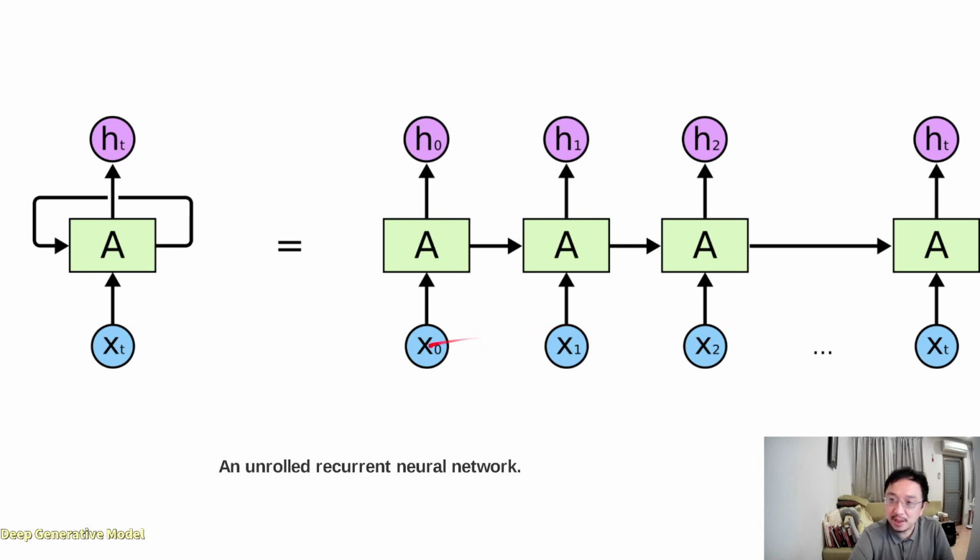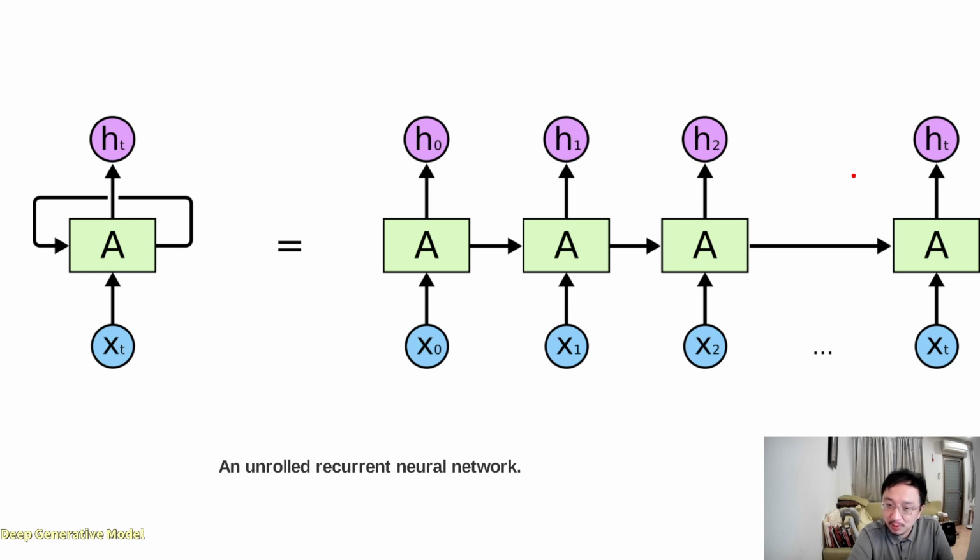So the whole X is the input of a neural network, and the whole H sequence is the output. If we chain them together, we get the unrolled recurrent neural network. If you flatten the iteration, it is just a simple neural network with x as input and h as output.